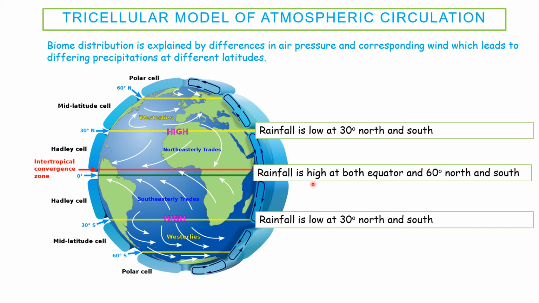Then if we go further away from the equator, rainfall is lower because again less temperature means less evaporation, okay, and then rainfall again drops as you go to the poles.